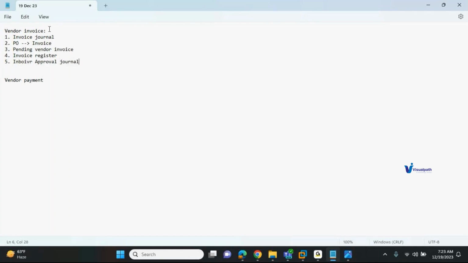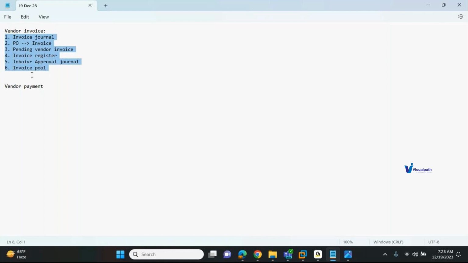Approval journal. And another option, invoice pool. So an invoice can be generated in 6 different ways. There are combinations, and for each one, when we will use it, we will understand slowly.